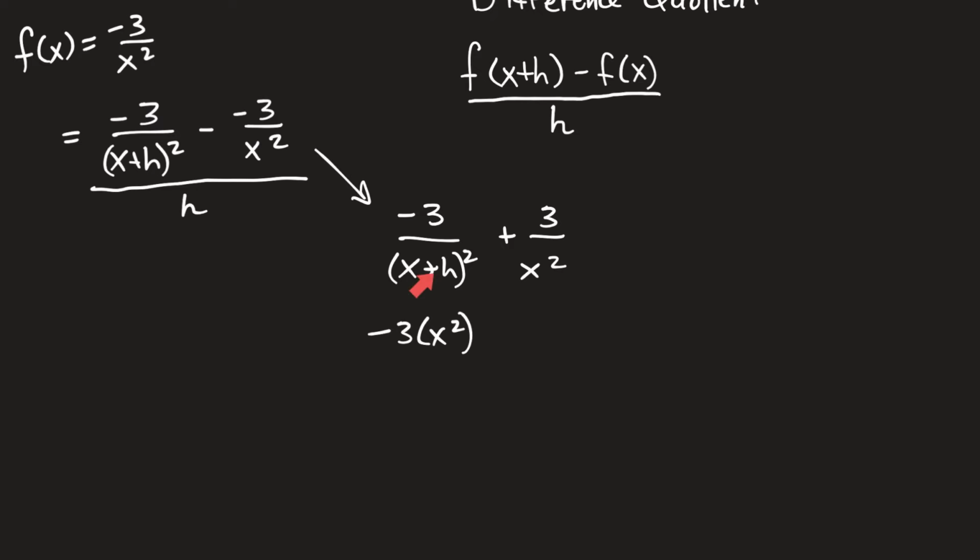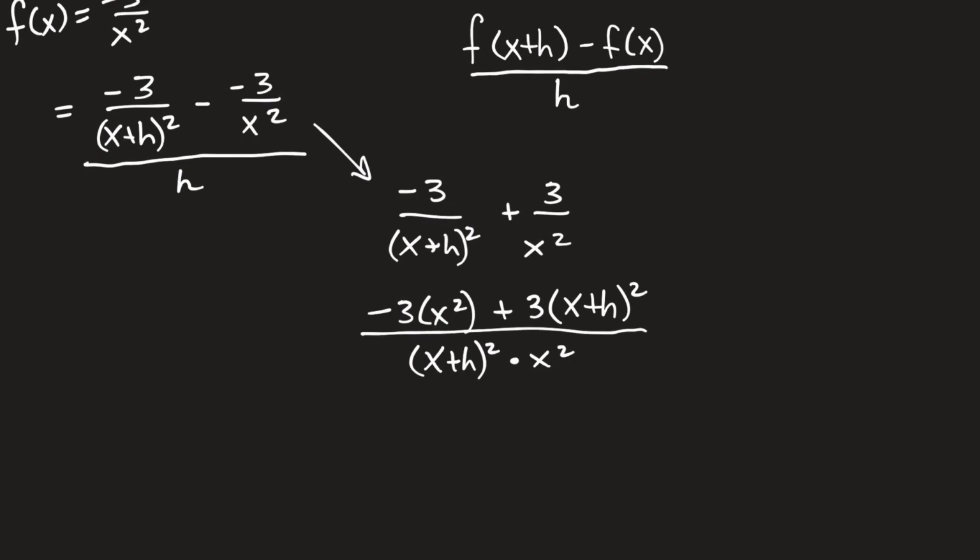And then multiplying these two together here, that will be plus 3 times (x plus h) squared, and then that would be all over (x plus h) squared times x squared.